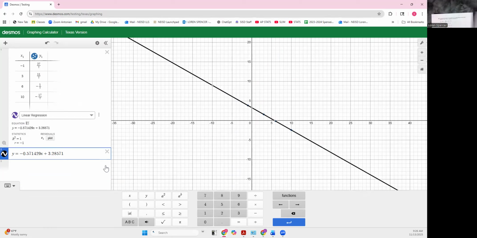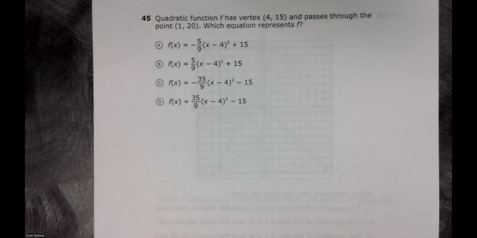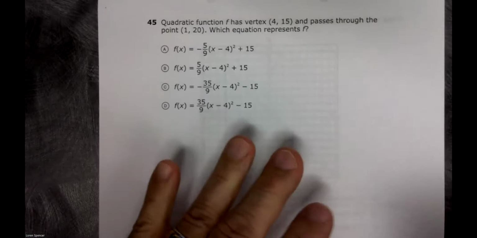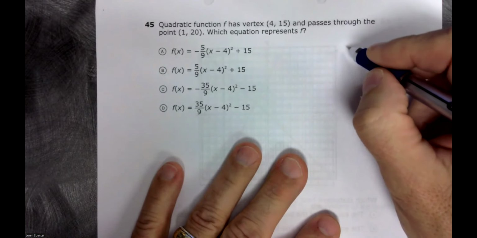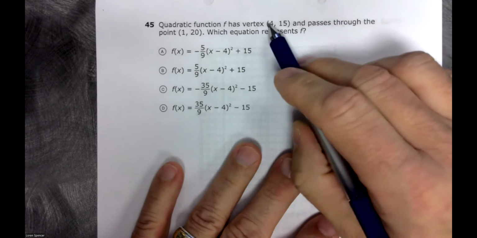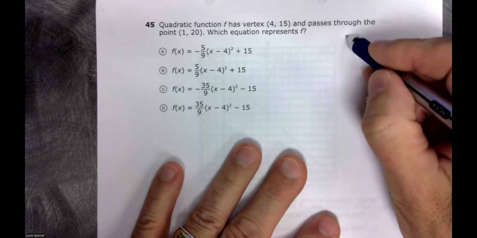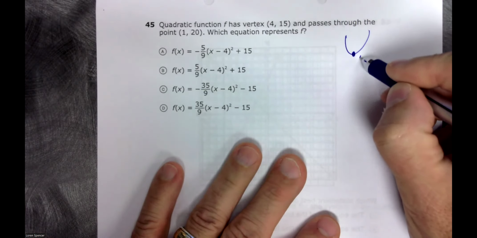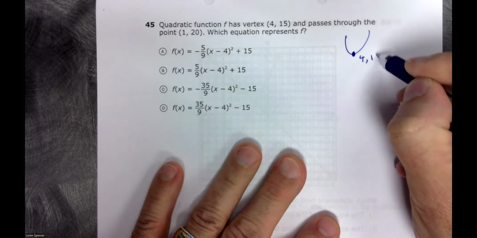All right, number 45. Quadratic function f has a vertex of (4, 15) and passes through the point (1, 20). Which equation represents f? So they're telling us that when they drew this thing, it has this point right here, (4, 15).